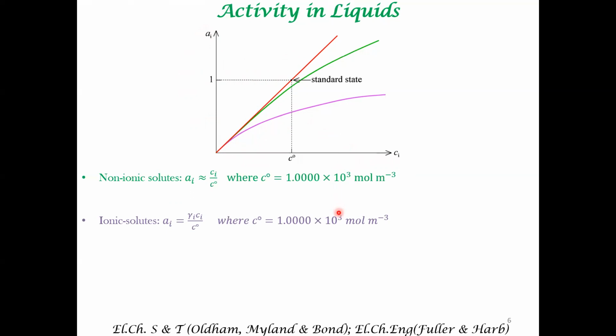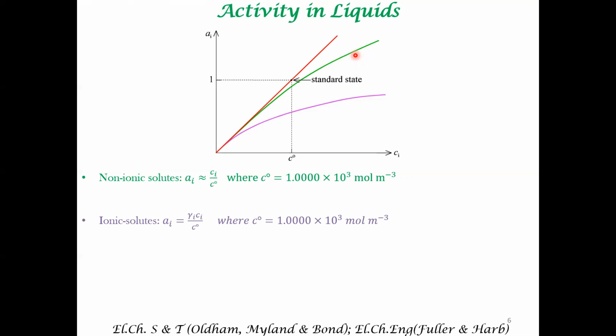There are two systems indicated here. This green curve is a non-ionic solute, still dissolved in water, let's say an aqueous system. Let's say you dissolve glucose in water. That's an example of a non-ionic solute.